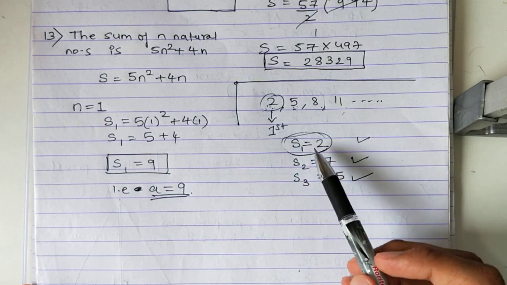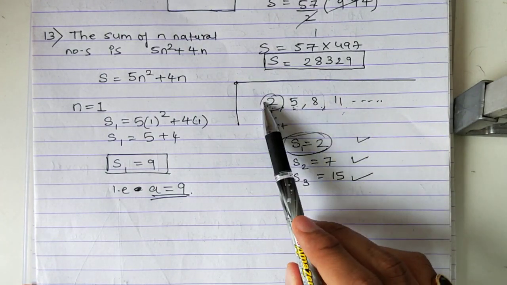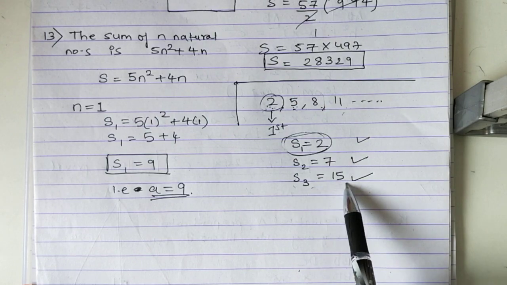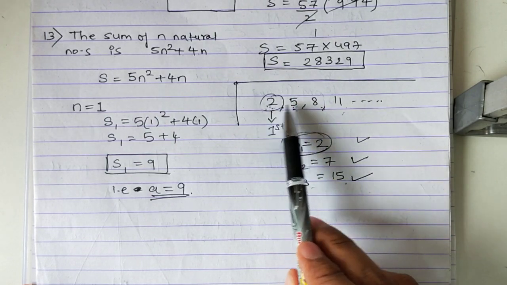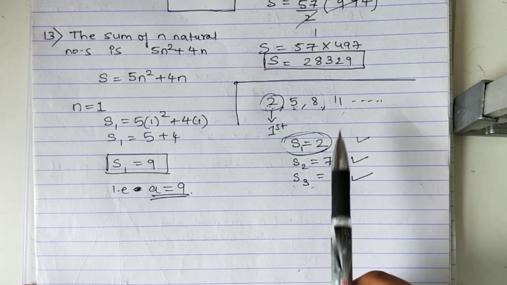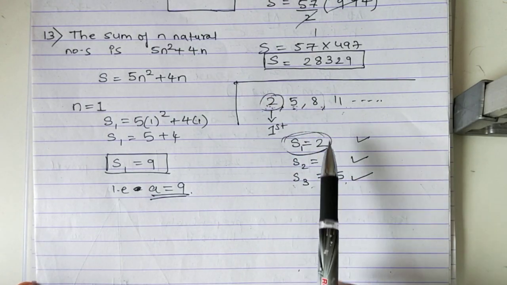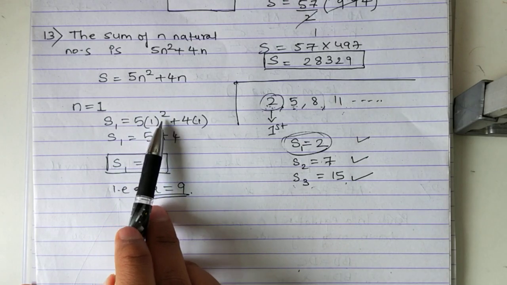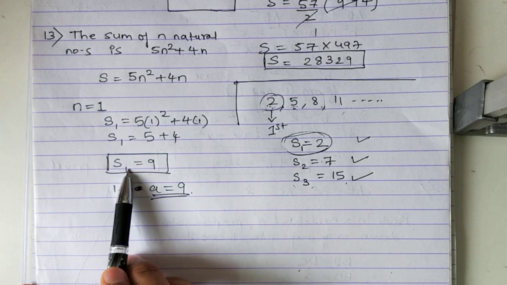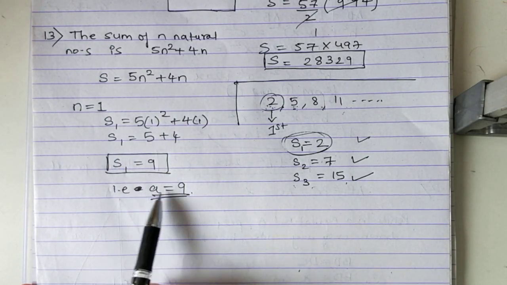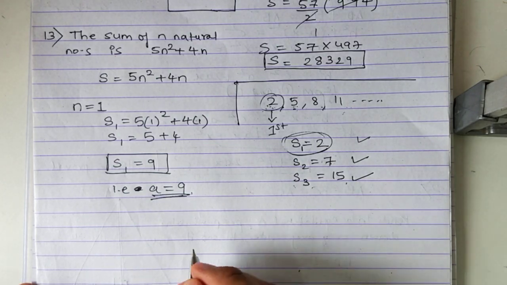If I tell you to find the sum of 3 terms, you will add 1 to 3 terms. If I ask you to find the sum of 2 terms, you will add the first and second term. But if I ask you to find the sum of one term, the first term will come as it is. So similarly here, when I put 1, I got the sum of the first term. That is nothing but my value of A.